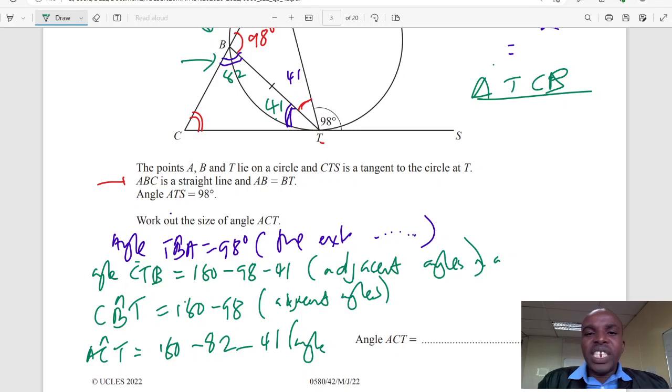So this angle is 57 degrees. Done. So you have to be using your theories to explain your reasoning.